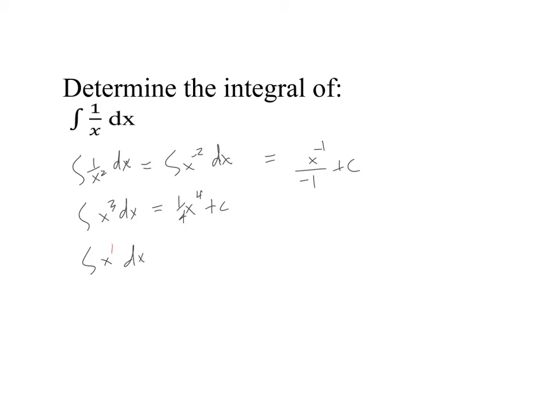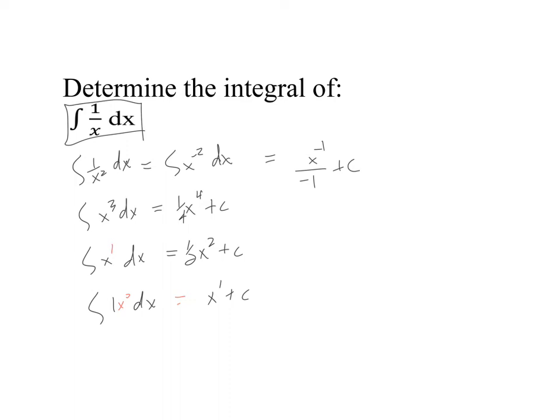So we'd raise the power, divide by 2. So that one works pretty good. Or even if we had just a number like 1, that would be like x to the 0. Even that one we could raise the power and divide by 1, which would do nothing, so that would just be x plus c. So all of those work good as a power rule except for 1 over x.